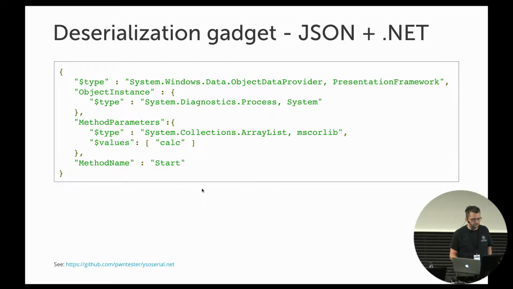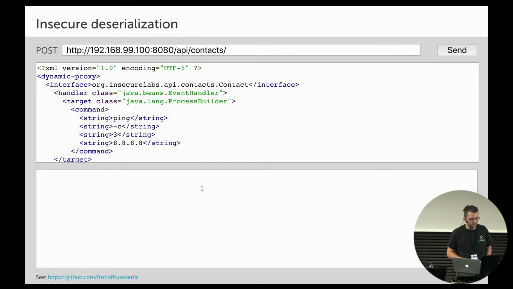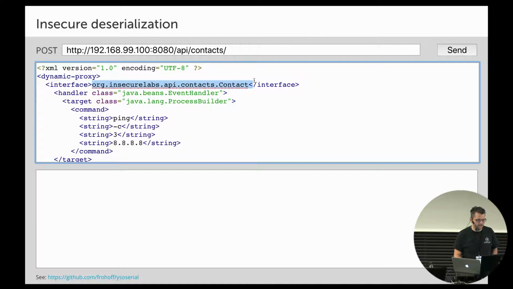But I mentioned demos, right? You don't want to see slides with code on it. You want to see demos. So in this case, I have my trusted contact API. And Spring had this interesting bug where you could create dynamic proxies through the API. So in this case, I'm going to create a proxy for this original class called contact, but it's going to run this event process builder thing instead, and it's going to run a ping.